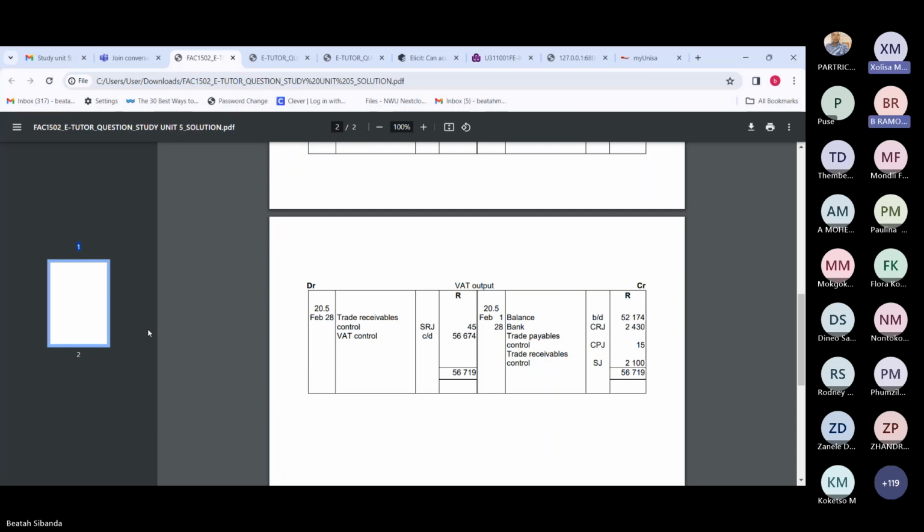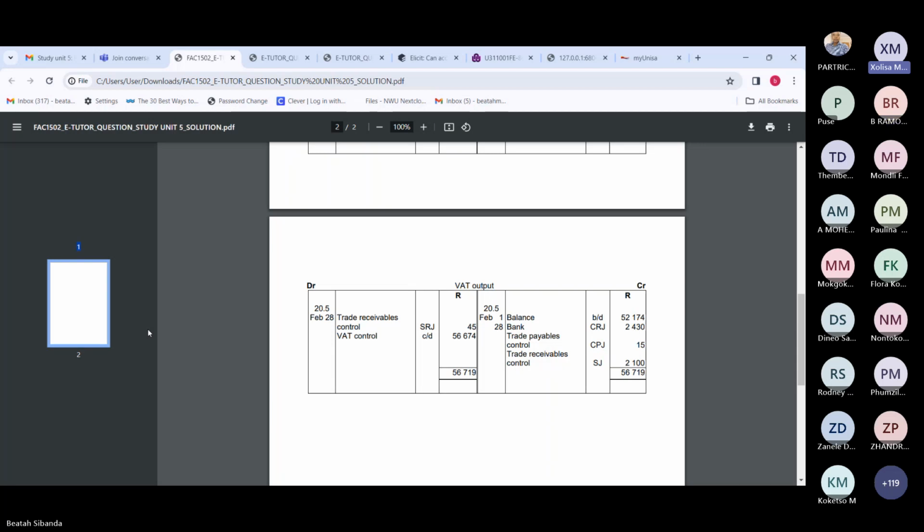Remember, initially we sell on credit, we debit our trade receivables, we credit our sales, and we credit output VAT. Now, if you reverse those transactions, the sale is being returned. Remember that when we made the sale, we debit trade receivables.